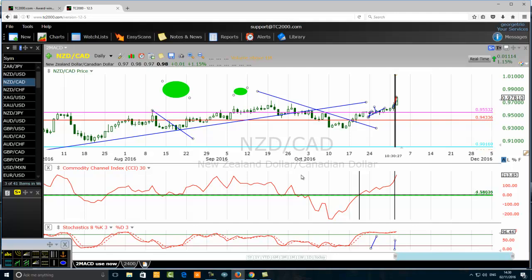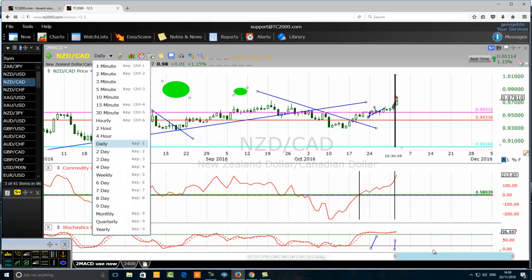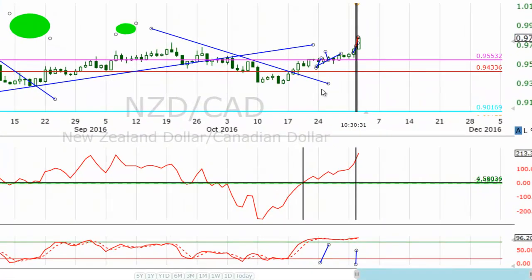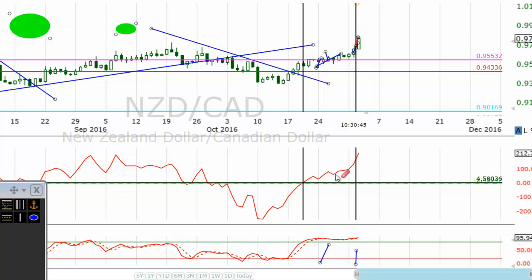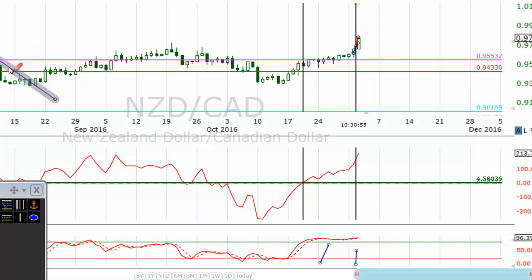What you need to do is drop down to a lower time frame. Pay attention, I'm going to highlight that section also on the price so you can see it when I change my time frame. So pay attention to the vertical lines, okay? When I change my time frame, I'm going to drop down. So you are wondering, the CCI is above the zero line on the daily chart, and you are saying, Joe, how do I combine the stochastic with my CCI in this case, because the stochastic is already overbought?